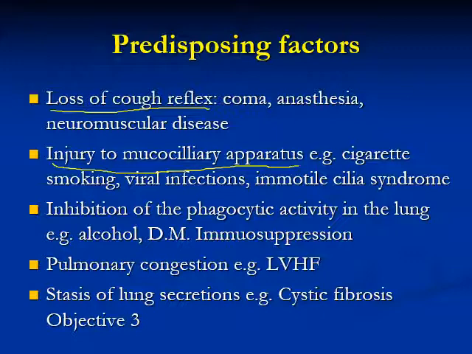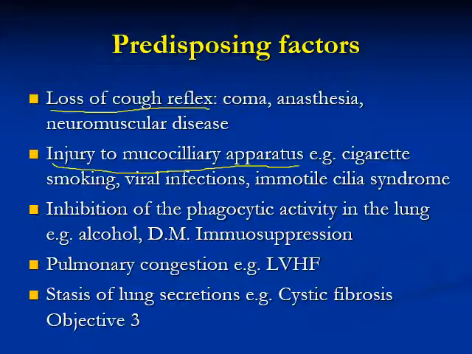So when this mucociliary apparatus is injured, the defense mechanism against infection will be lost. And this injury occurs mainly by cigarette smoking, viral infection, and continued infection like upper respiratory viral infection, coronavirus, and others.